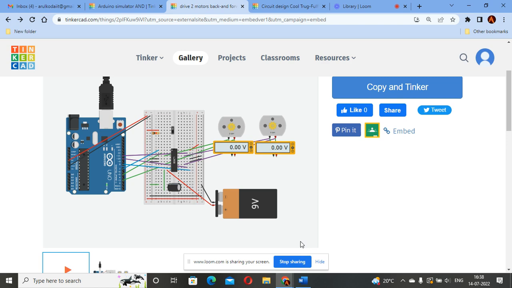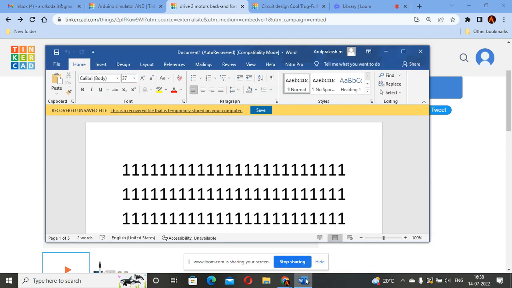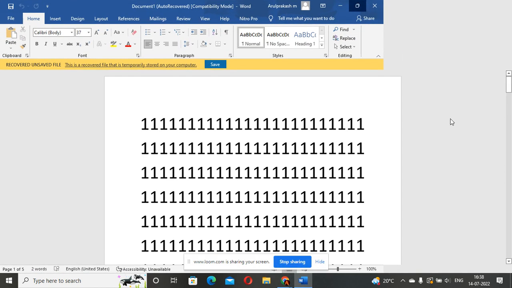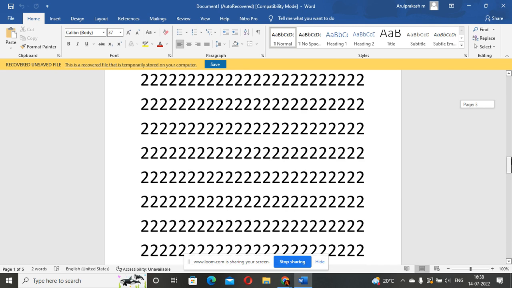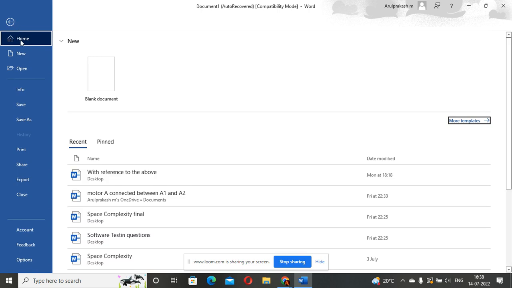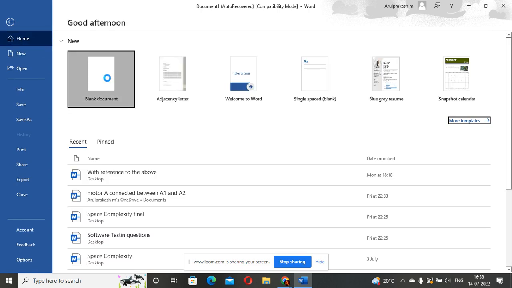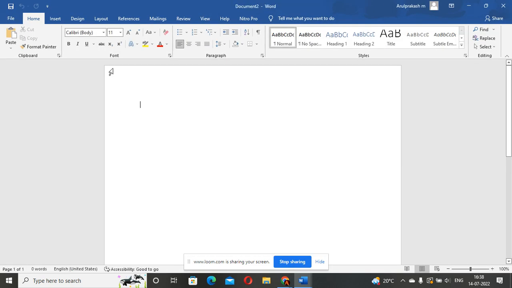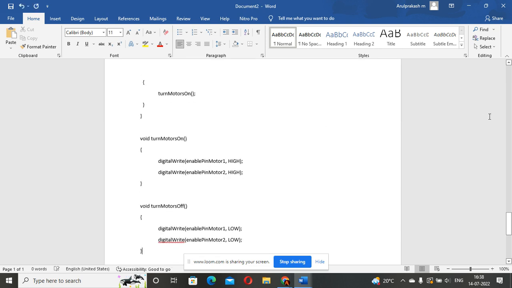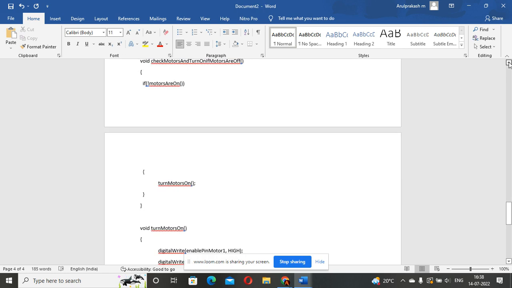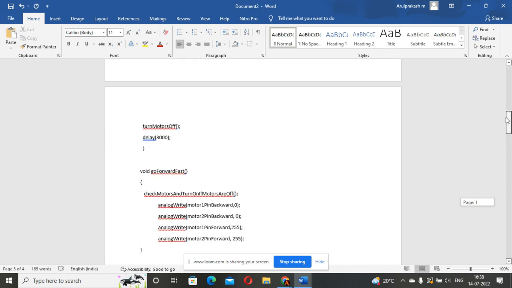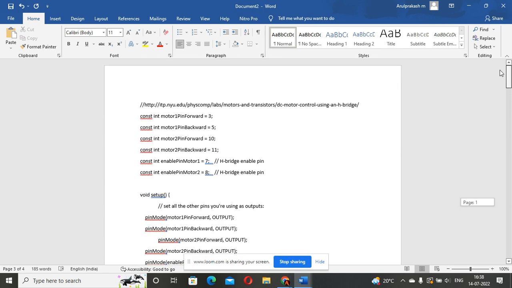Here I would like to explain some of the program. This is the exact program we are running for the forward, backward, right or left rotation of the motor.